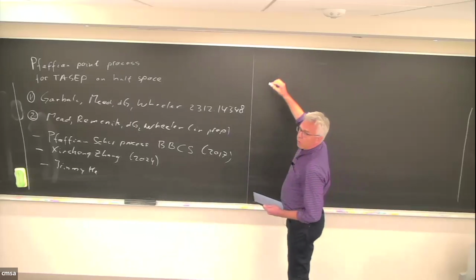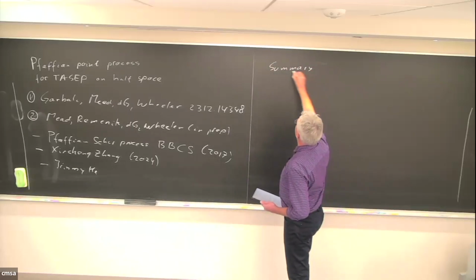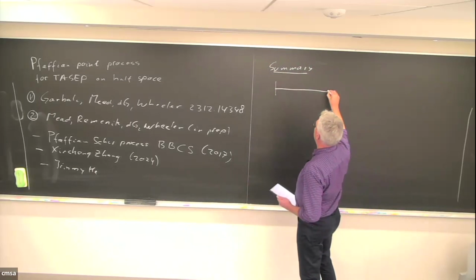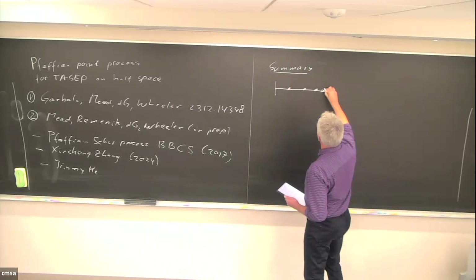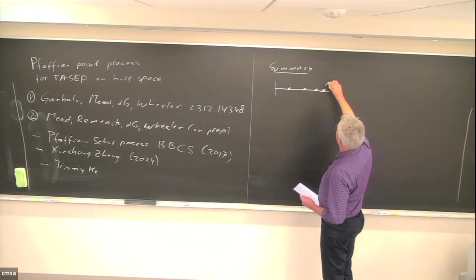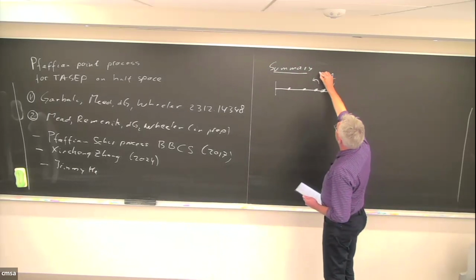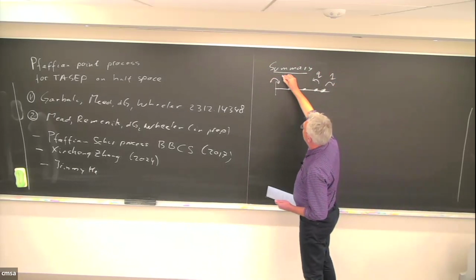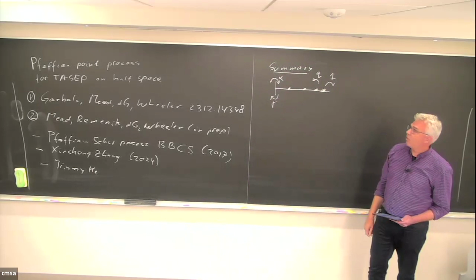So maybe before I go into the details, a little summary of the outline of what I'd like to talk about. So TASEP we all know, right? There's particles hopping to the right with rate 1, to the left with rate q, and they can enter on the left with rate alpha and exit with rate gamma.